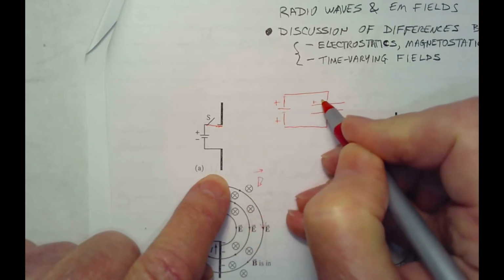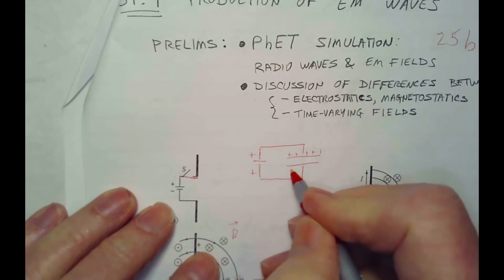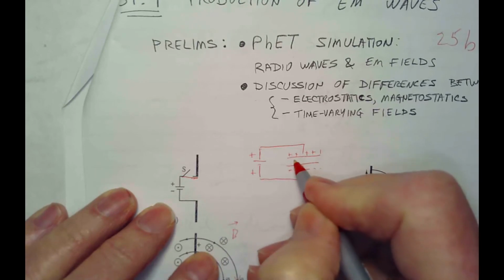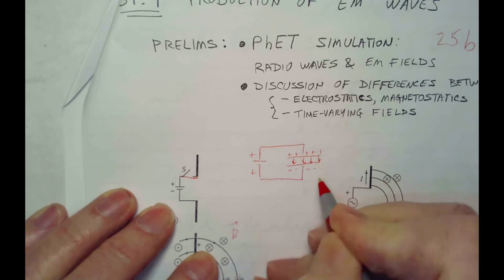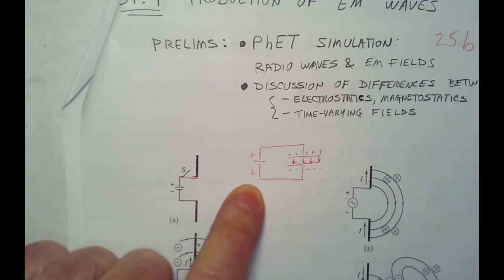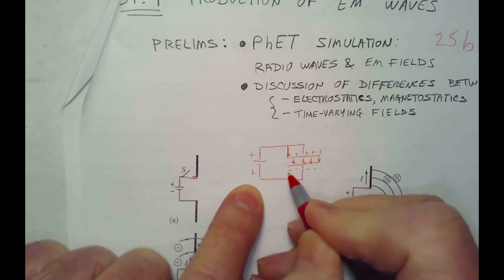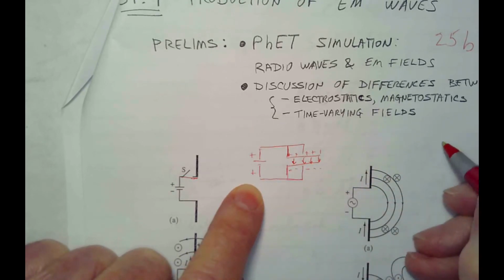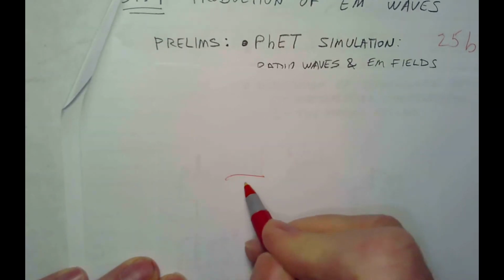So you know what you get. You get electric fields that go from the plus plate to the minus plate. That makes E fields that go that way, DC. Except that instead of doing that, let me put this wire over here and this wire over here, and then let me start to expand that wire. So here's the battery.